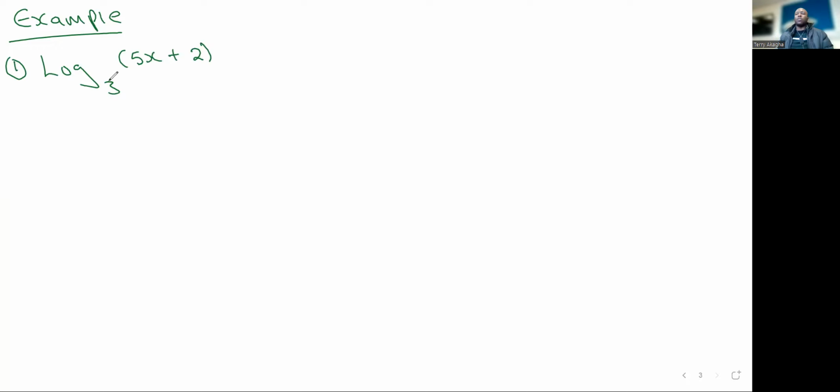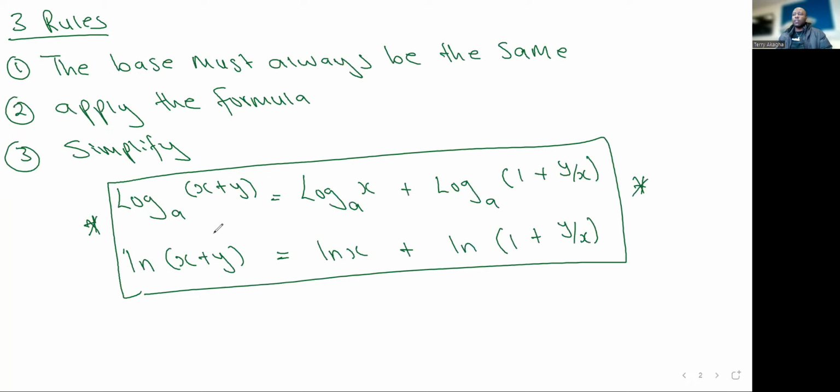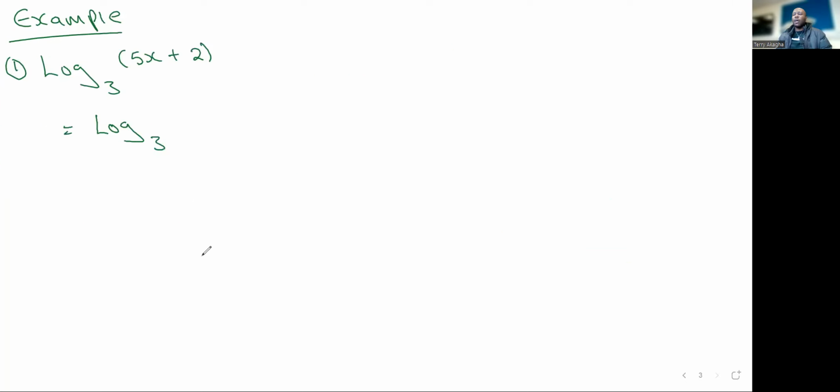All right, let's pick an example. We have log base 3 of (5x plus 2). Let me write down the formula here, maybe that will help you to see.